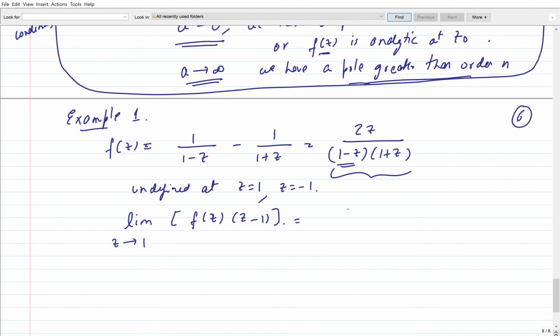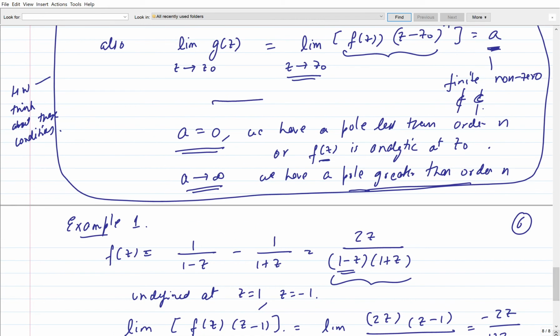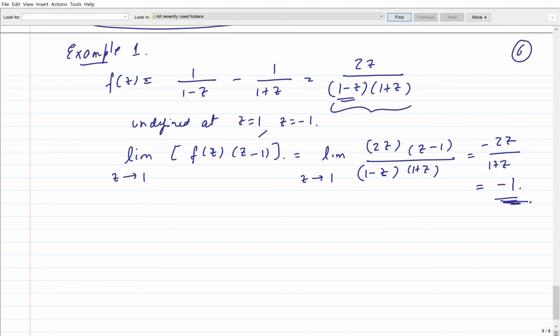That gives me the limit z goes to 1 of z minus 1 divided by 1 minus z, times 1 plus z. That gives me minus 2z over 1 plus z, which gives me minus 1. So I get the limit I wanted to evaluate to be a finite non-zero complex number, not 0, not infinity. So I say that it is a first order pole because the power of this guy was 1. First order pole.